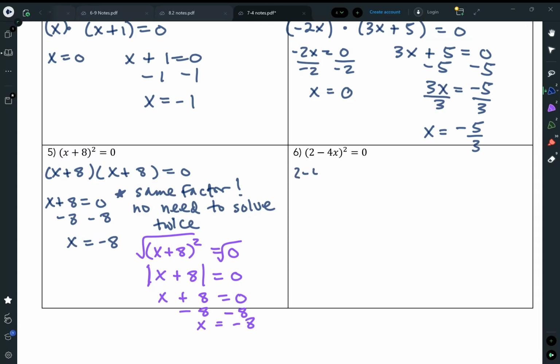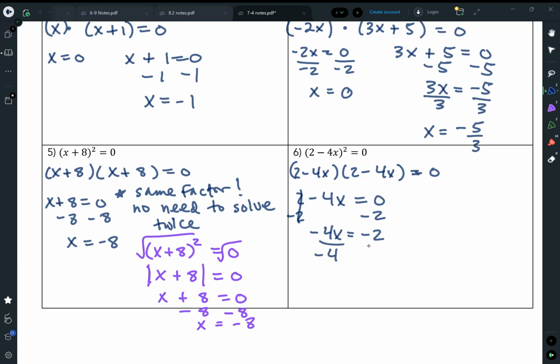On the next one, we would have 2 minus 4x times 2 minus 4x is equal to 0. And so same factor twice again, so 2 minus 4x equals 0. We'll just solve it one time. I'm going to start by subtracting 2 on both sides, so that negative 4x is equal to 0 minus 2, which is negative 2. Divide both sides by negative 4.